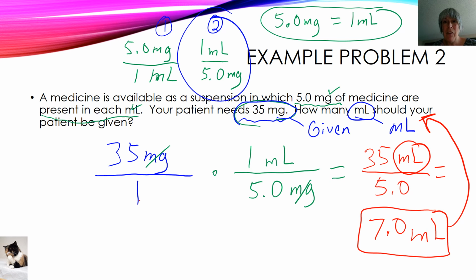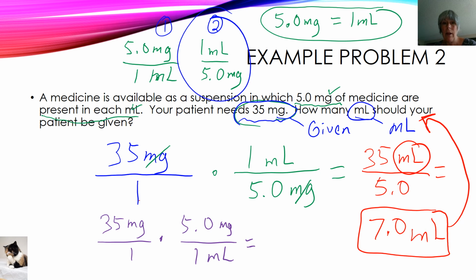What would happen if I chose the other one? Let's try it and see. I want to show you how you would know that you got the wrong answer if you used the other conversion factor. Here's what would happen. You'd have your 35 milligrams over 1, and you chose the other conversion factor. So you wrote 5.0 milligrams over 1 milliliter. Now, doing it this way, you would think, oh, I should take 35 times 5 to get my answer.